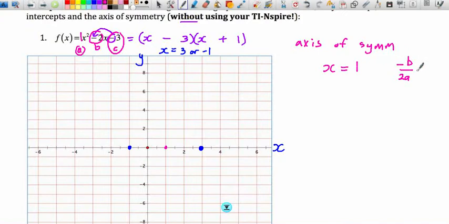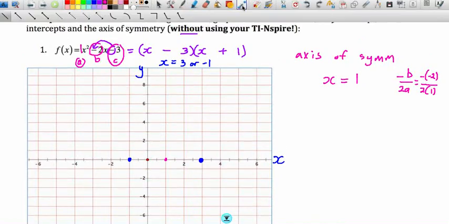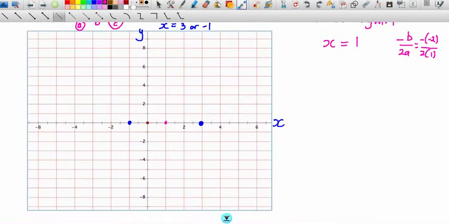So if we substitute in minus b over 2 times a, you'll see that simplifies to 2 over 2, which of course is 1, and that confirms using our formula that our axis of symmetry is in fact at x equals 1. So what I'm going to do very quickly is just graph a line for my axis of symmetry that is going to go through x equals 1.